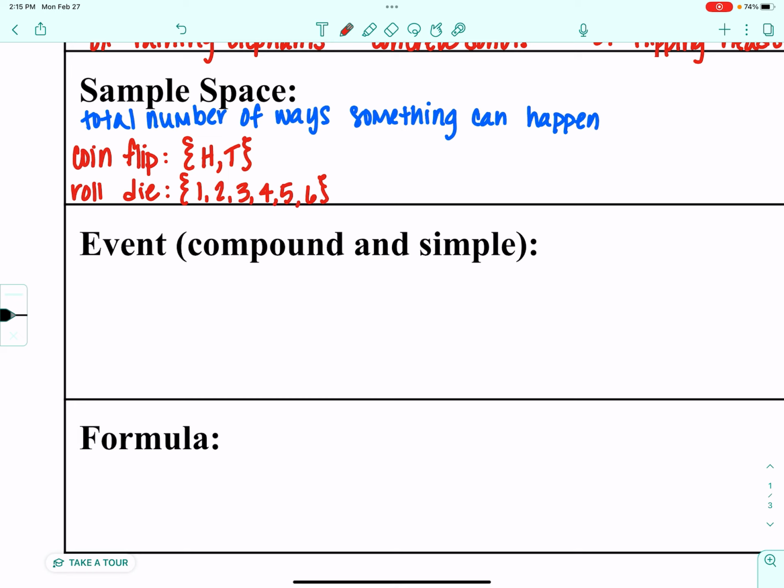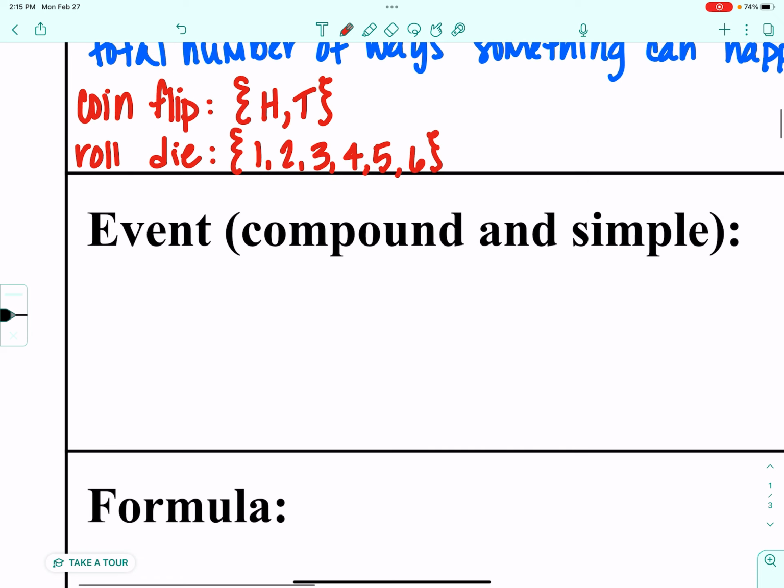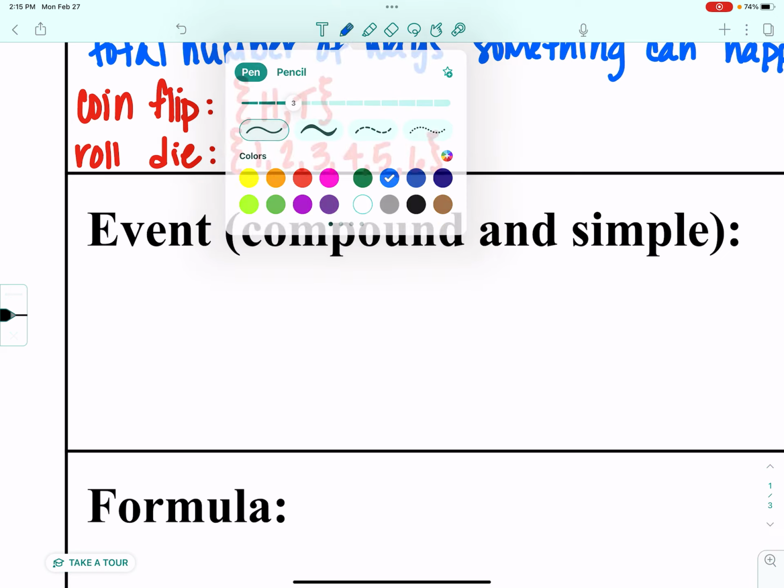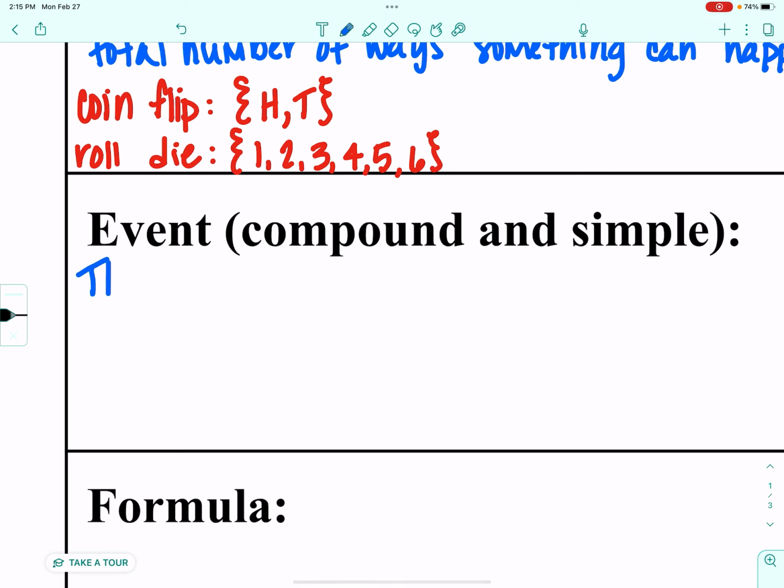The event. The event is the thing we want to happen. We call it the outcome.